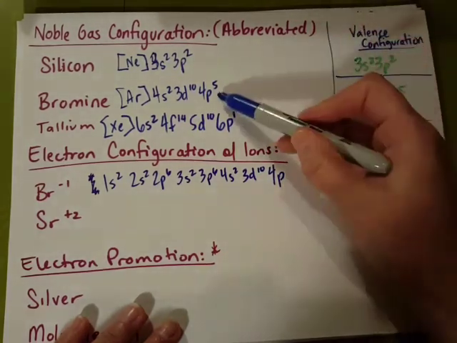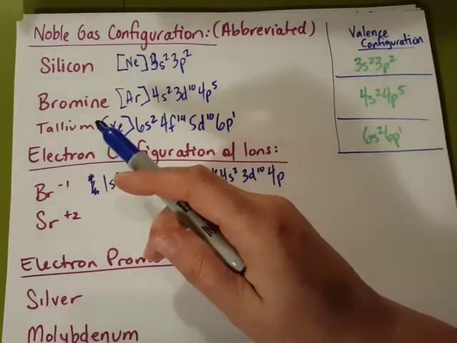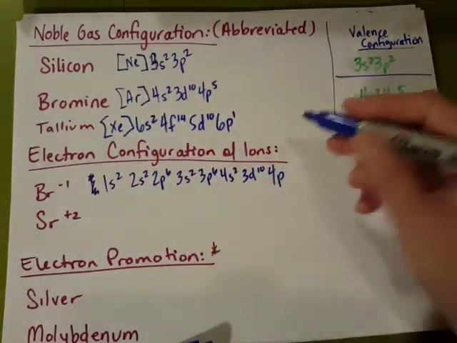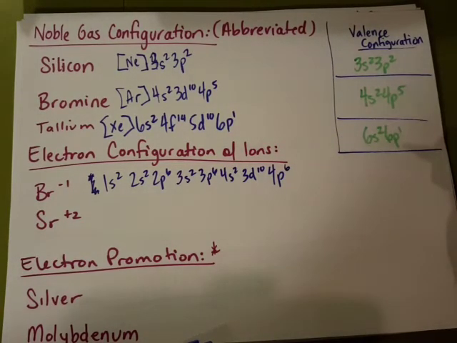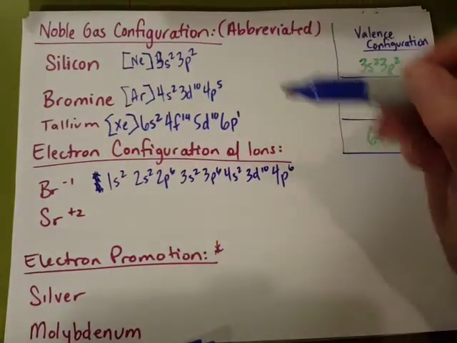So normally we would have 5 electrons, but because we're up 1 electron, and bromine has 35 protons, we're going to have 36 electrons. So this will be 4p6. So it'll be one more than that.